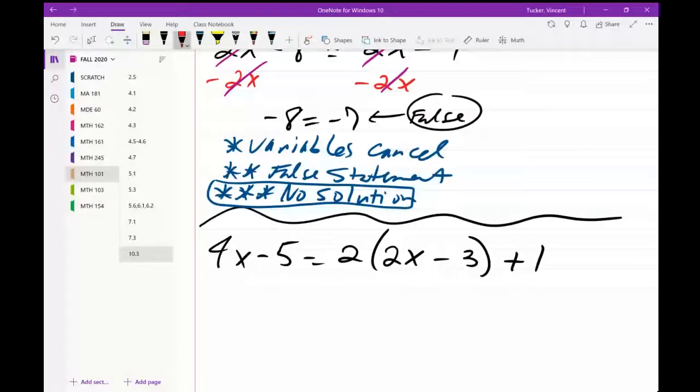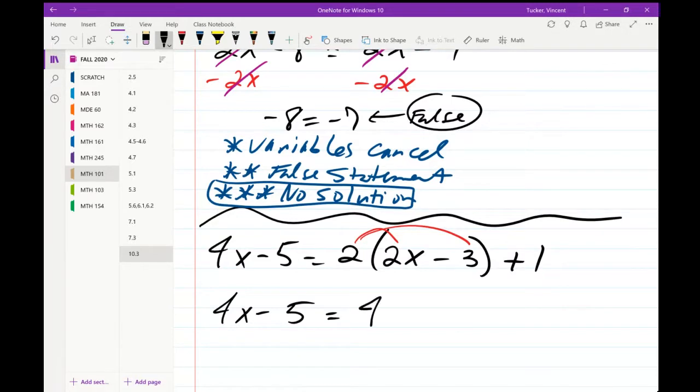All right, here, distribute 2. We have 4x minus 5 equal to 2 times the quantity of 2x minus 3 plus 1. If you distribute that 2, it's 4x minus 5 equal to 4x minus 6 plus 1.